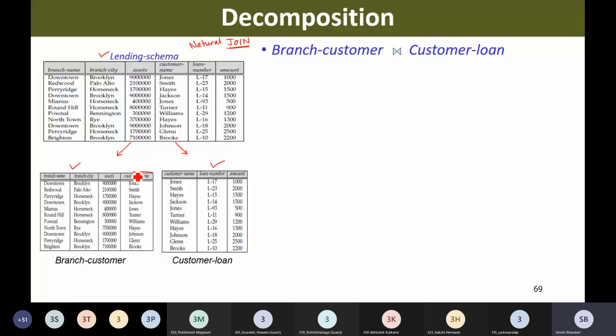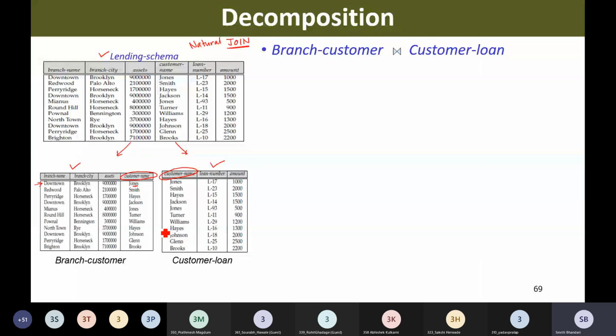So what will happen? The first tuple from branch customer is picked up, and the customer name is Jones. In natural join, the other relation is checked, and whichever tuples have the same customer name will be matched.